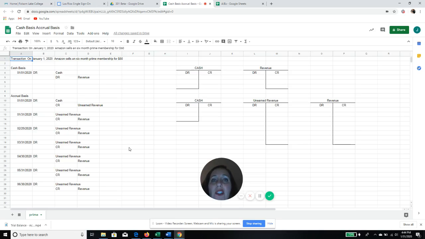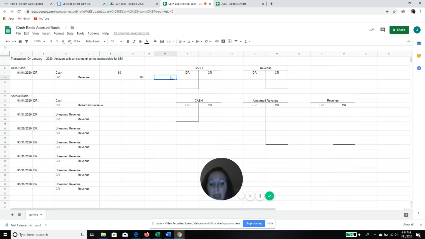Under cash basis, Amazon would recognize revenue when they receive the cash. So on January 1st, 2020, they're going to debit cash for $60 and credit revenue for $60.